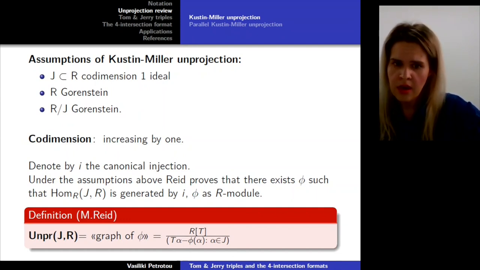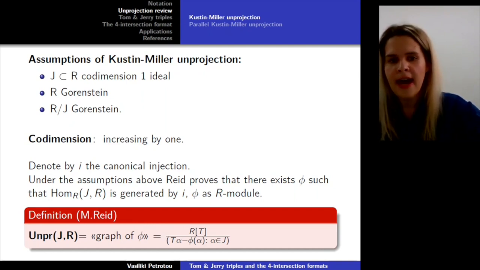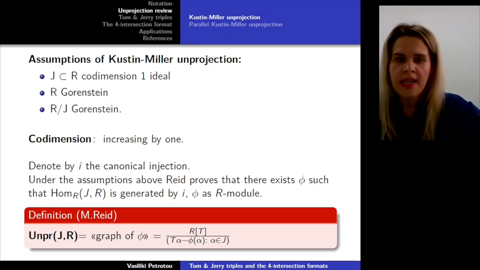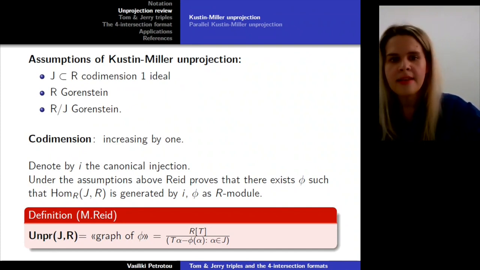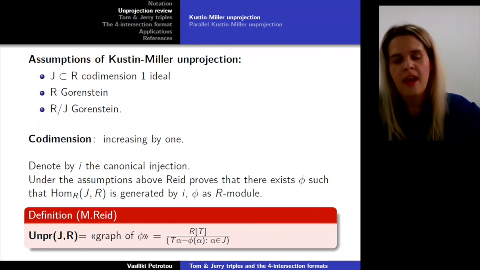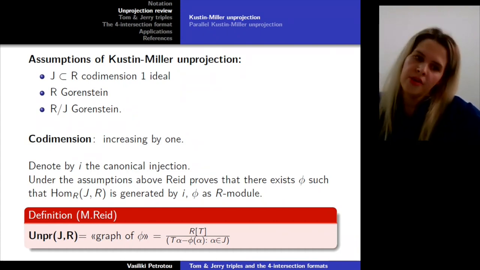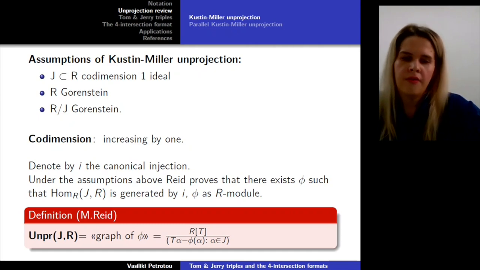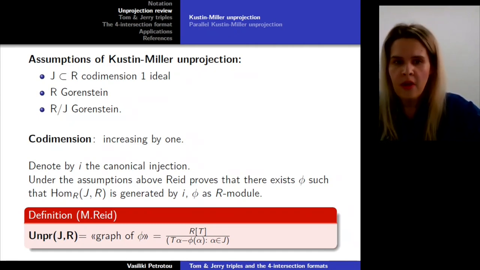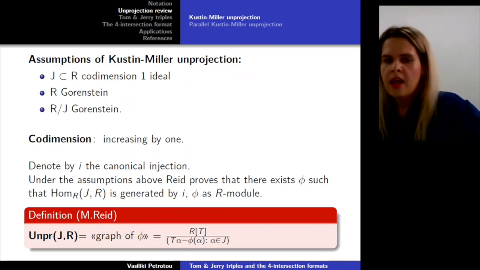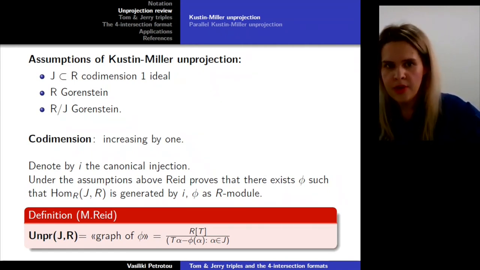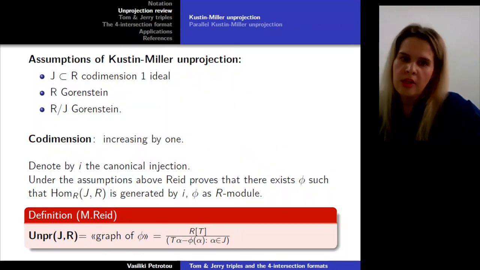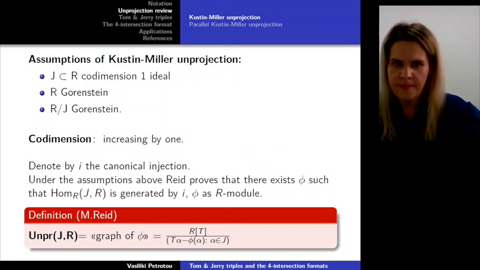Under this assumption, Reid proves that there exists an extra map, phi, such that Hom is generated by the canonical inclusion and this map as an R-module, and defines as the unprojection ring of this pair the graph of this phi. In this type of unprojection, in Kustin-Miller unprojection, the codimension is increasing by 1.